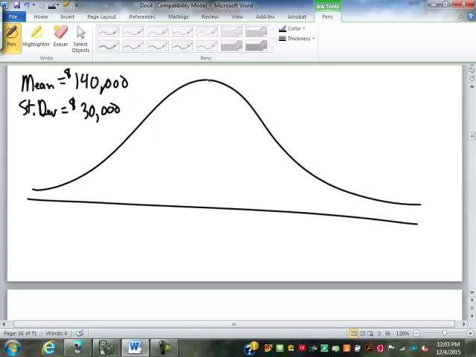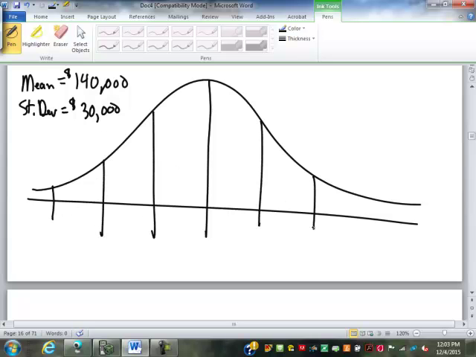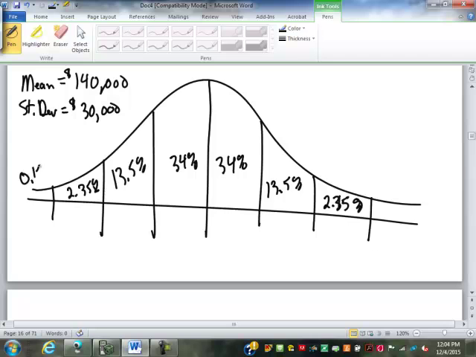So first thing I'm going to do is fill in that table here. I'm putting the percents first because these percents never change. 34%, 34%, 13.5%, and 13.5%, 2.35%, and 2.35%, and 0.15%, and 0.15%.